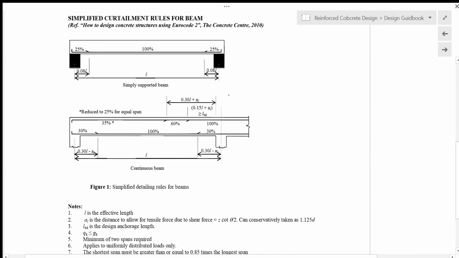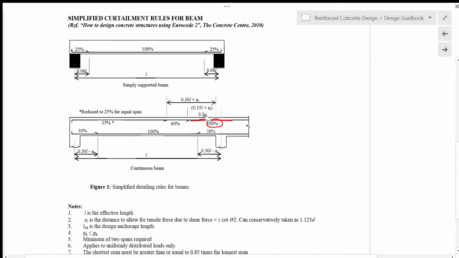And then for the negative moment at the support here, we need 100% of the steel over here up to 0.15L plus AL.